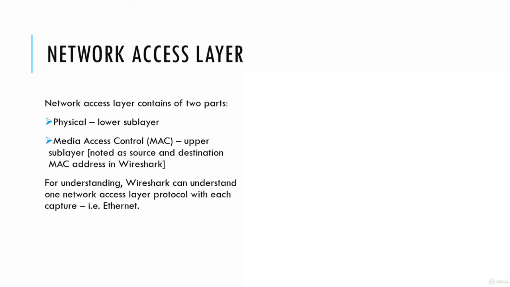Some devices work only on this layer and not higher, such as a network switch or a hub. For example, if a switch works at the network access layer, that means that switch can understand MAC addresses from frame to frame, but can't read IP addresses because there are no IP addresses at this level. They're going to be in the internet layer.